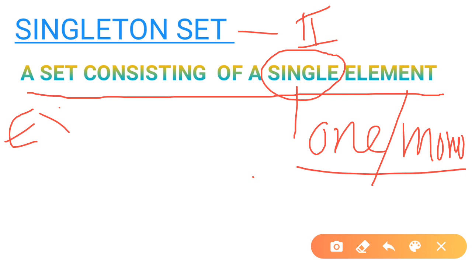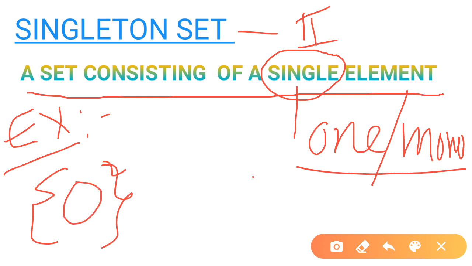For illustration, I'm taking an example like this. I'm keeping only one element, 0. Now it is a singleton set. And one more example, I'm keeping 6. It is also a singleton set.